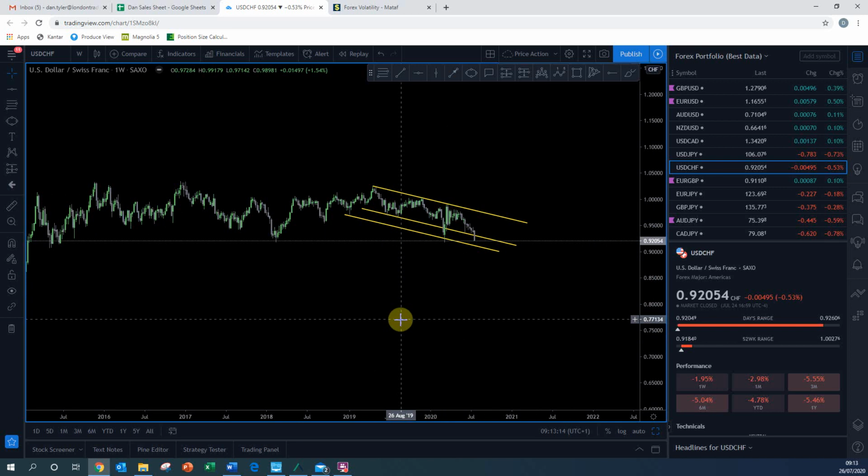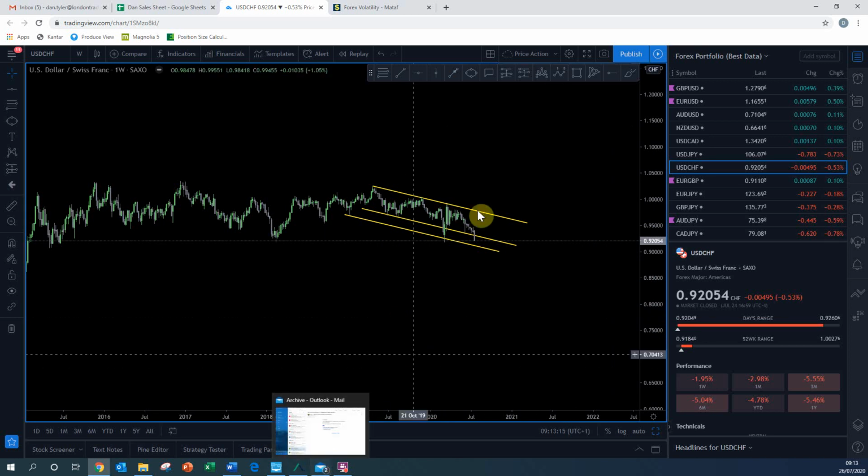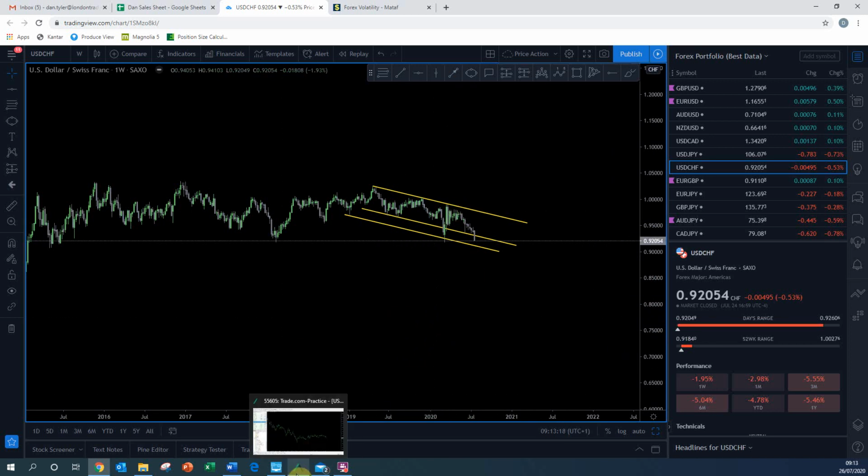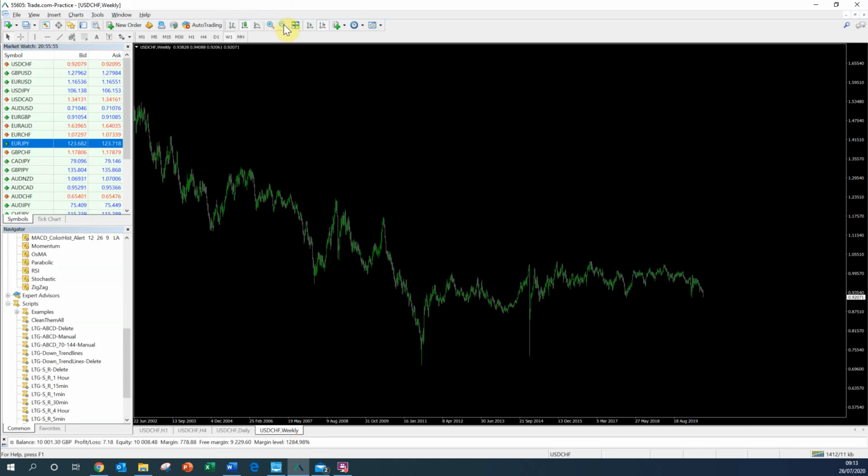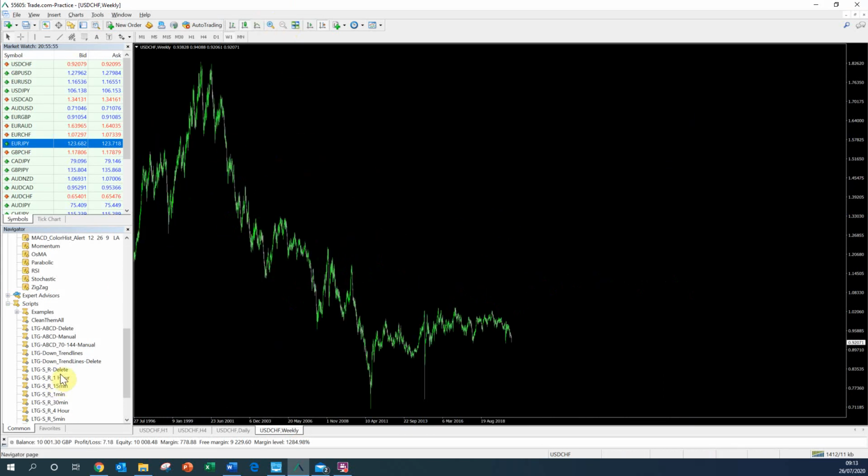So yeah, this is what I normally do on the weekly, and then once I've spotted my channel, I'll just see on MT4, I'll use my indicators just to see if we are in a downtrend at all. Put in my downtrend lines. We won't be approaching this for a few years yet, but we can see where the market's looking to go.